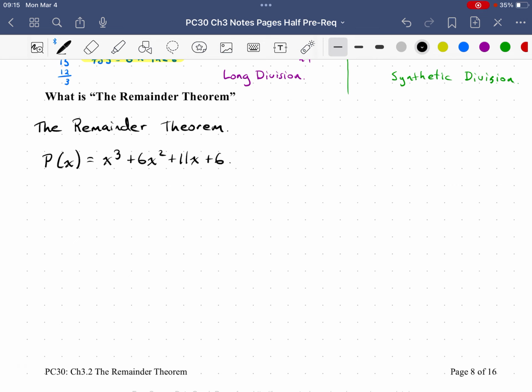The question we're going to be asking: what will the remainder be if I divide it by x minus 1?